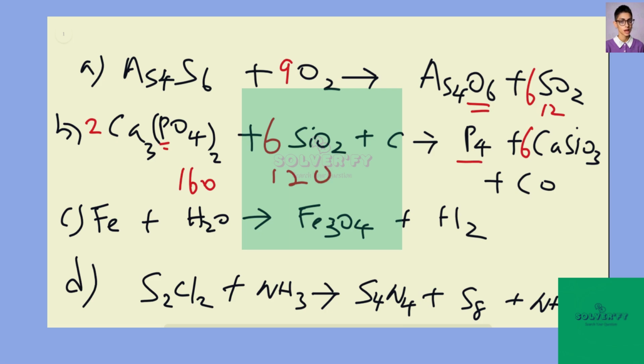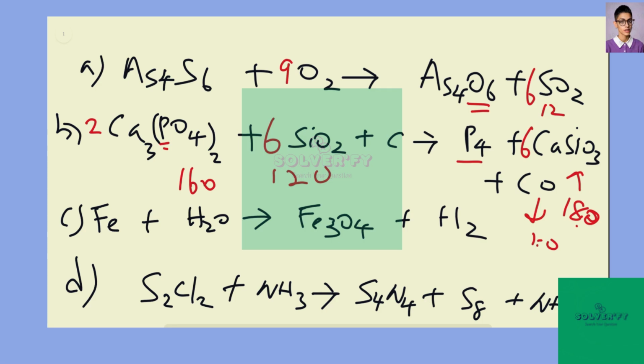On the right, we will have 18 oxygen from 6 CaSiO3 and also 1 oxygen from CO. So on the right we have 19 oxygen, and on the left we have 28 oxygen. So we need more oxygen in order to balance that.